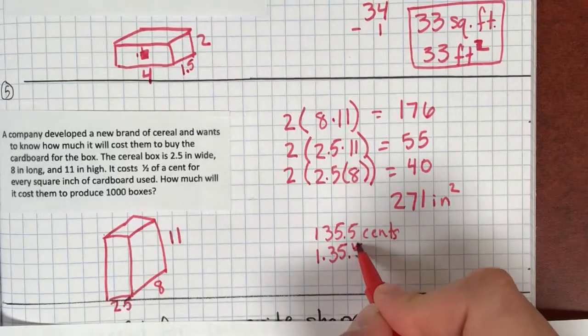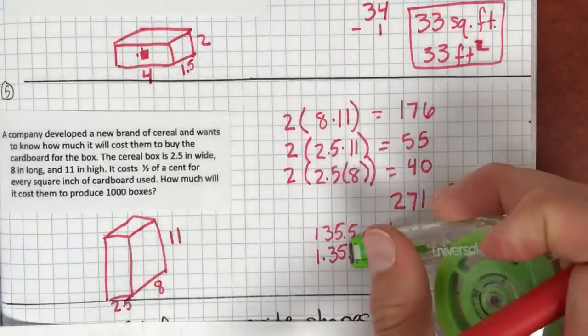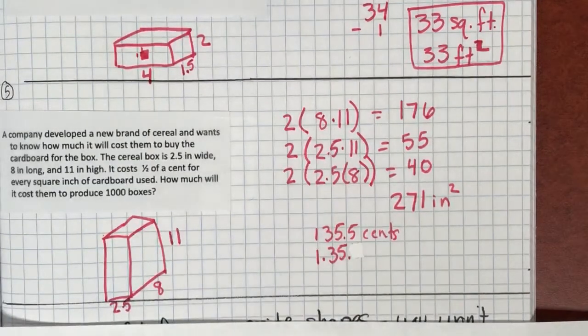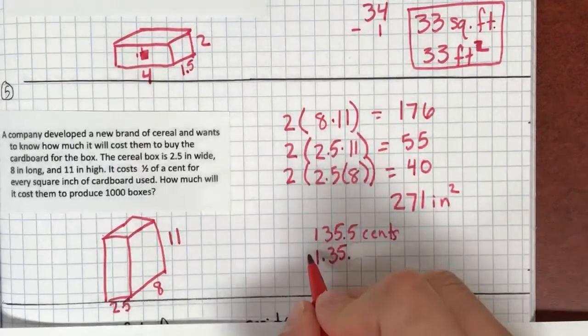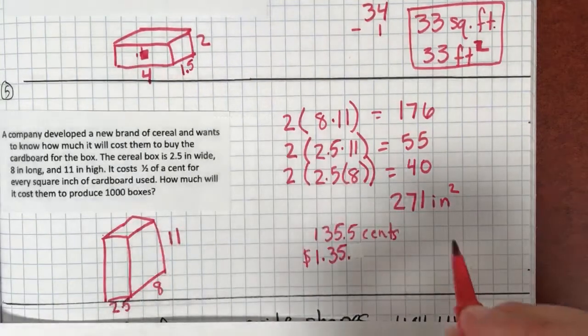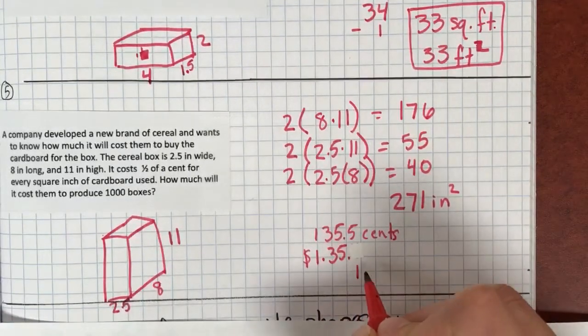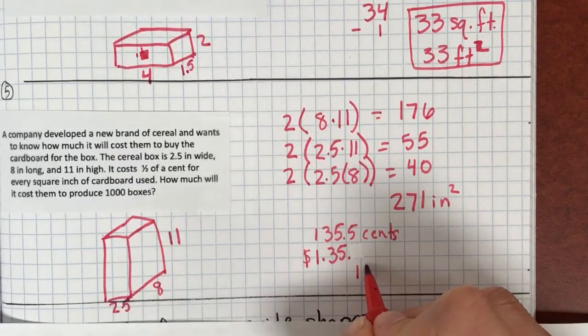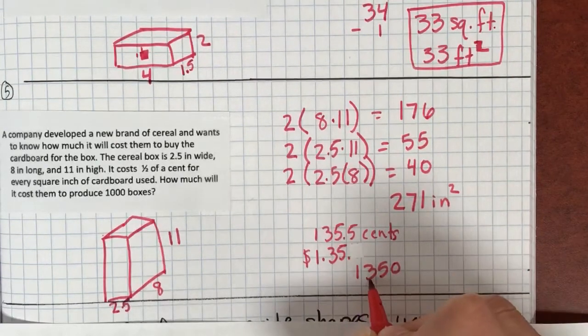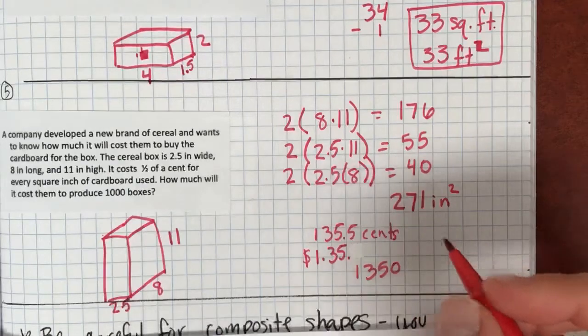Actually, let's just go ahead and get rid of that half. Now we can take that and multiply it by 1,000. Okay, so it's $1,350.